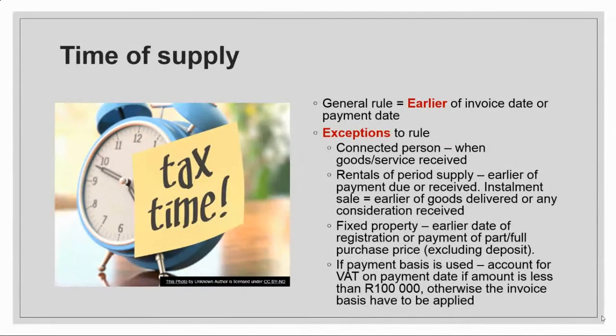And fixed property is only when the registration or the payment occurs. And then the last one is if we use the payment basis. Now, this is one of our accounting bases, and if the amount is less than 100,000, then we only raise the VAT on the payment date. Otherwise, we need to go back to the invoice date. Okay, so those are the exceptions.